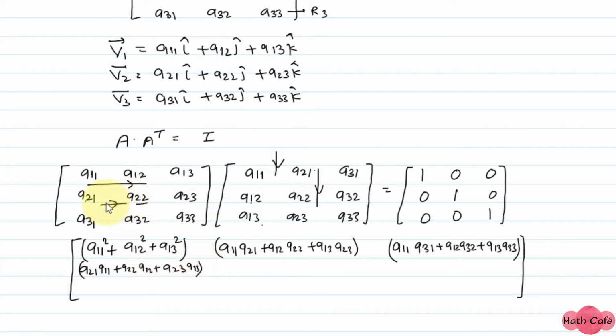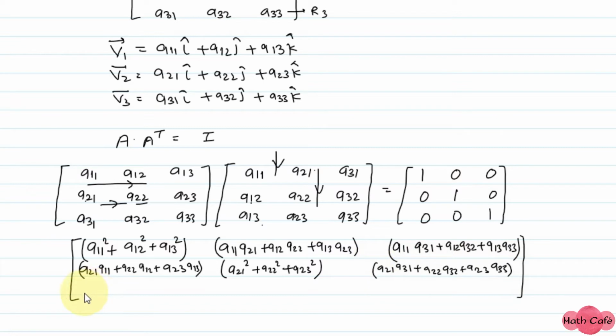For the second element, we multiply row number 2 by column number 2, so finally we get A21 square plus A22 square plus A23 square. For the third element we multiply R2 by column number 3: A21 multiplied by A31 plus A22 multiplied by A32 plus A23 multiplied by A33.